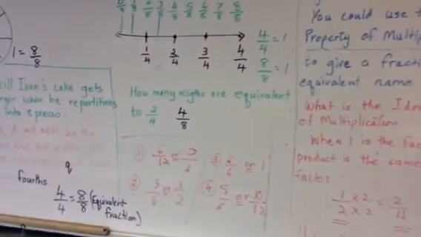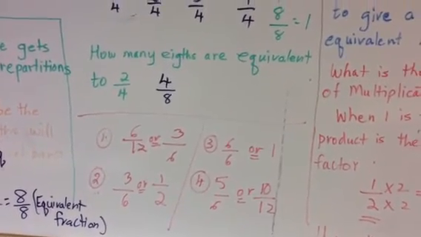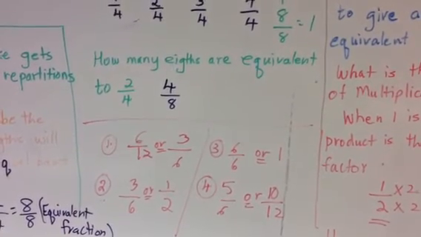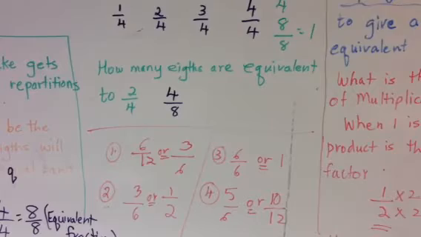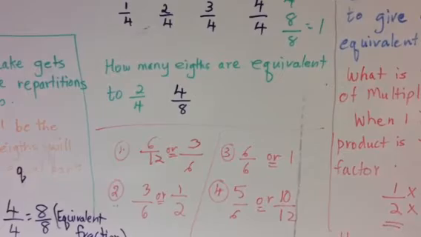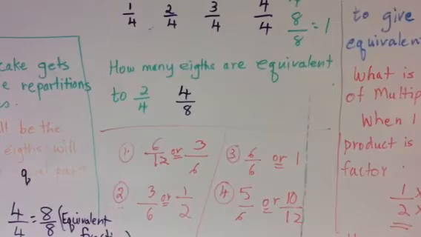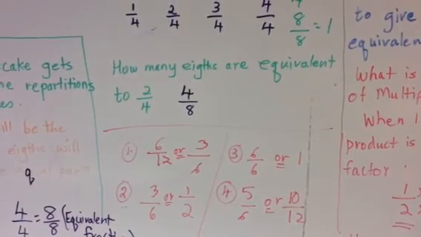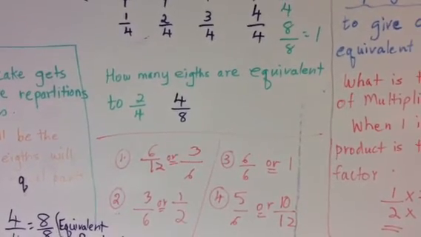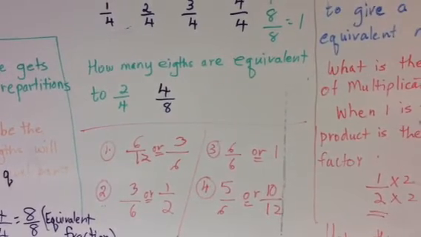I gave a few more examples over here. I put 6/12 is equivalent to 3/6 because half of 6 is 3, half of 12 is 6. 3 over 6 is equal in value to 1 over 2 because if you divide 3 over 6 by 3, you will get 1 over 2. 6 over 6 is equivalent to 1, and 5 over 6, if you multiply 5 times 2, you'll get 10, and 6 times 2, you'll get 12.